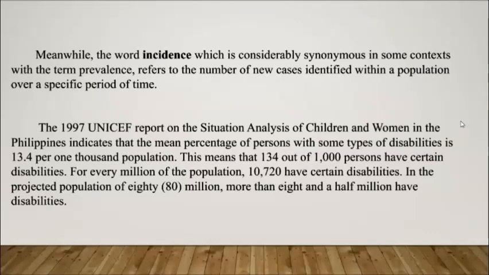This means that 134 out of 1,000 persons have certain disabilities. For every million of the population, 10,720 have certain disabilities. In the projected population of 80 million, more than 8.5 million have disabilities.